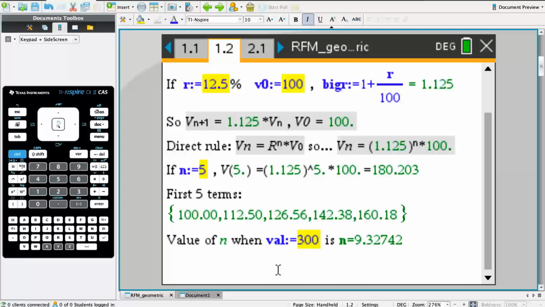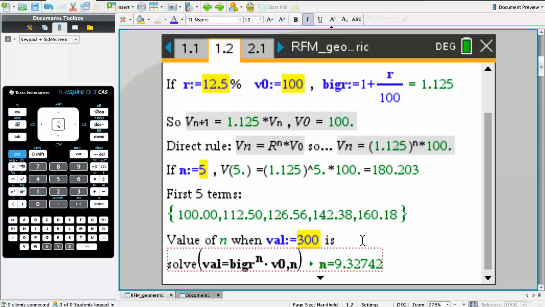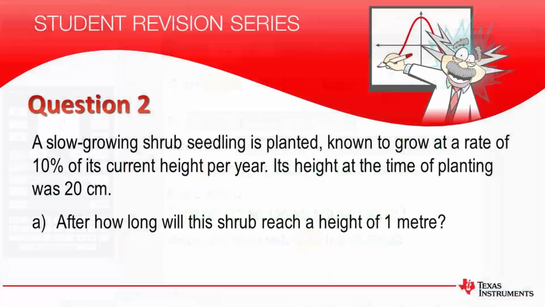For example, in here, this value, if I click on it, will show me how the value of little n is being calculated. Okay, so that's pretty much it for problem 1.